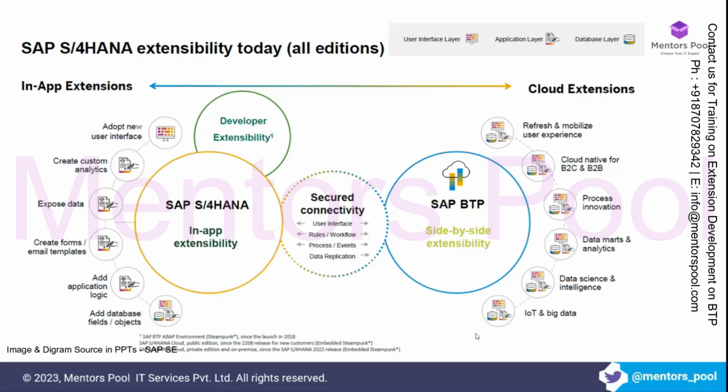With the help of side-by-side extensibility, rather than adapting, you can entirely refresh the user interface, and you can even change it to a different layout. You can build a cloud native extension, which could be a B2C or a B2B extension also.